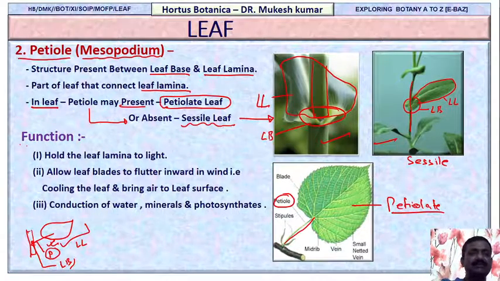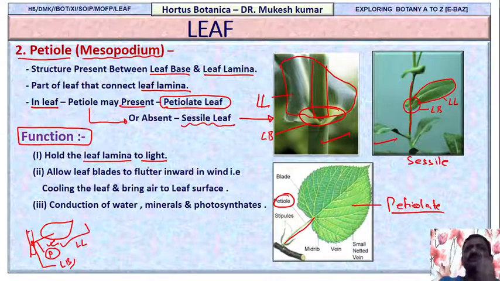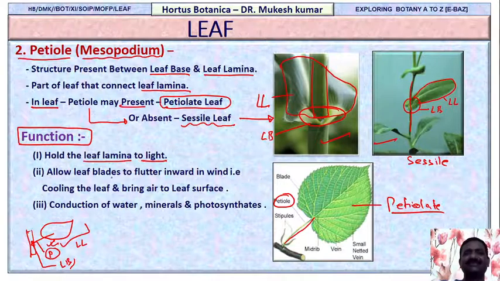So what is the main function of this petiole? Who will tell me? Yes, right, it will hold the leaf lamina to light. They are exposing it towards the light so that they will trap more light for photosynthesis. Mind well.